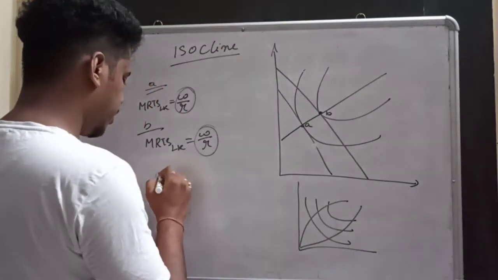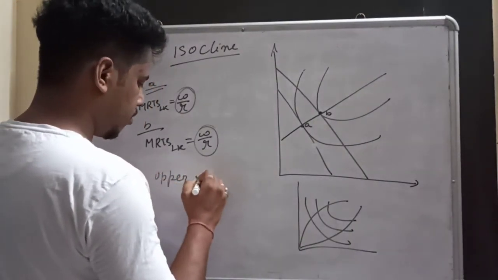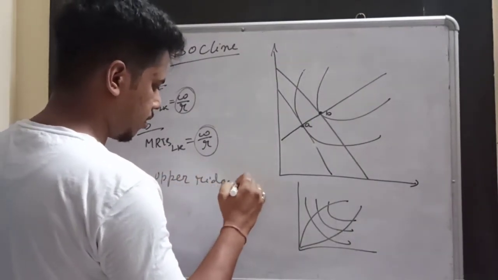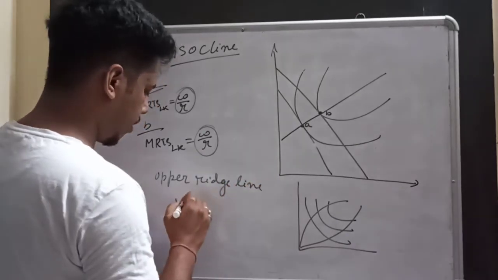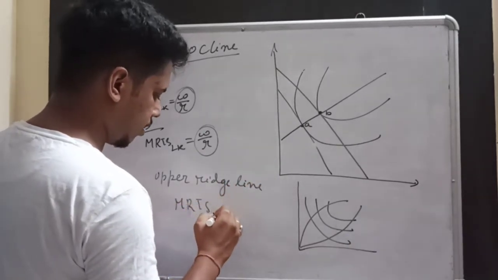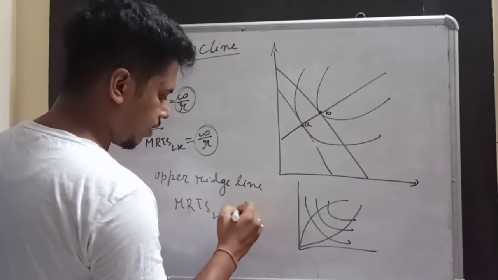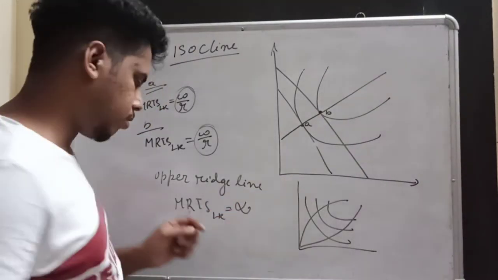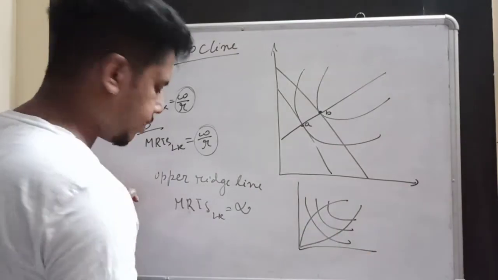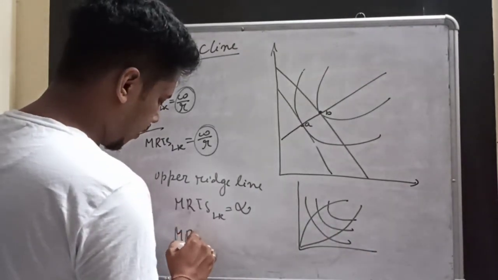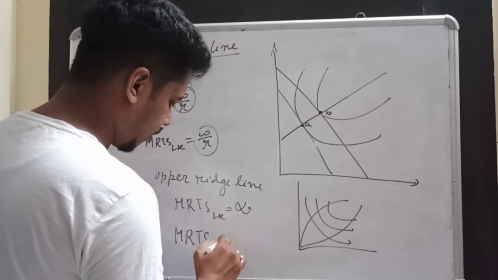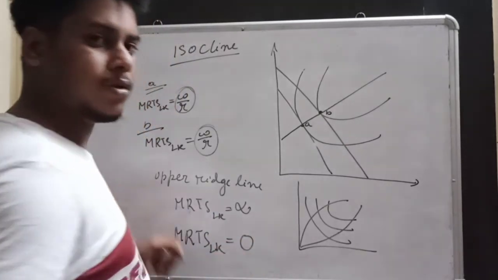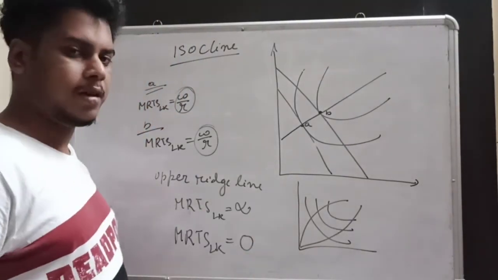Along the upper ridge line the value of MRTS LK remains fixed at infinity. We have derived it just moments ago. Similarly along the lower ridge line the value of MRTS LK remains equal to 0 along the entire line.